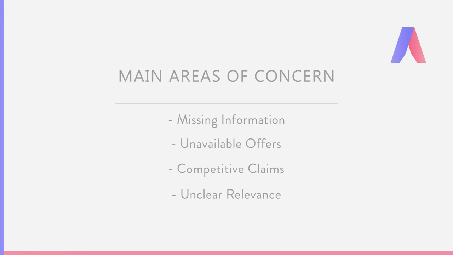Unclear relevance. Now, this can be a tough one for a lot of my health and wellness clients that I work with, because a lot of copy I see written has enticing things that really don't talk about the actual product and service. Maybe they talk about foods people eat. Maybe they talk about some exercise but they're a supplement company. Just things that are not exactly what they're promoting.